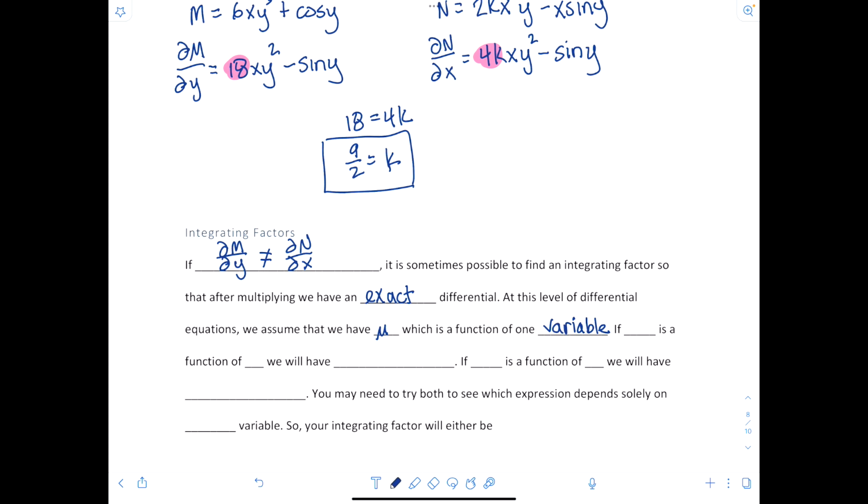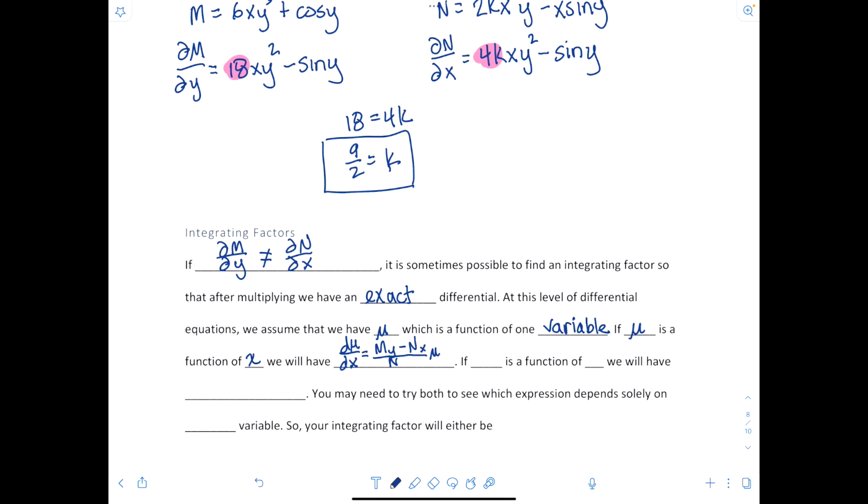So if mu is a function of x, then we will have d mu dx equal to the first partial of m with respect to y minus the first partial of n with respect to x, all over n, times mu.